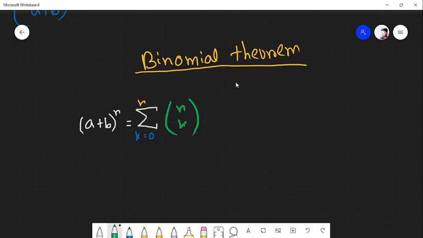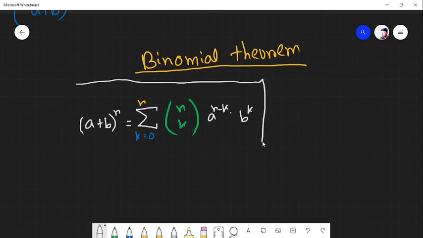And this is actually a complex notation, but we'll go through some examples and it will be easy. And a to the power n minus k into b to the power k. That's what the binomial theorem states.